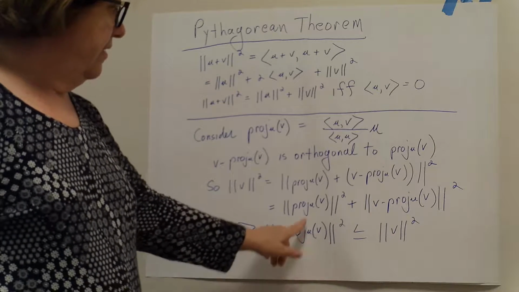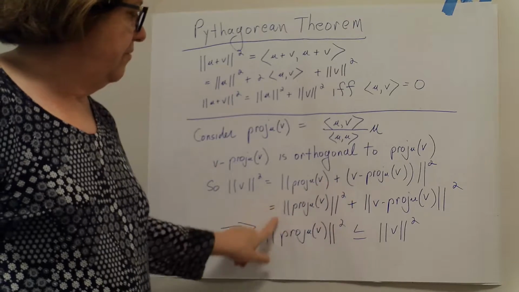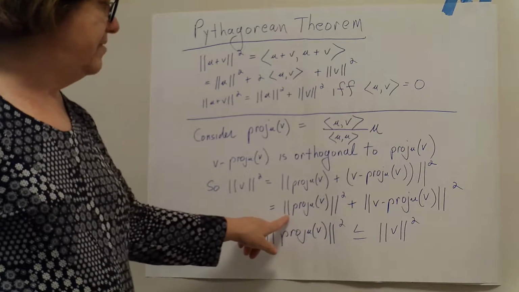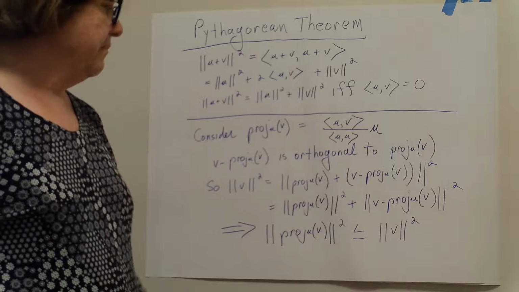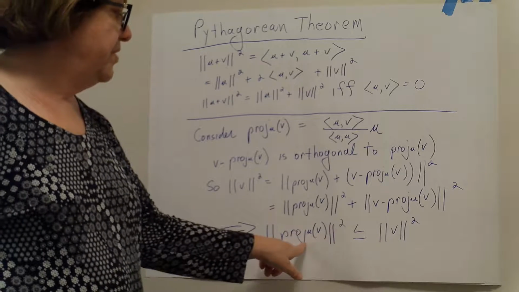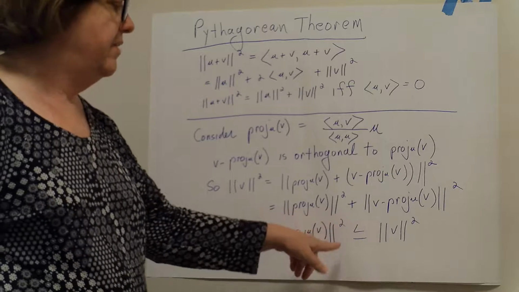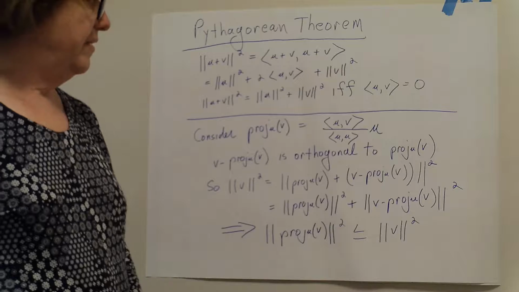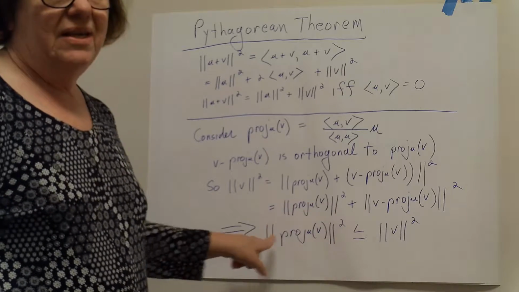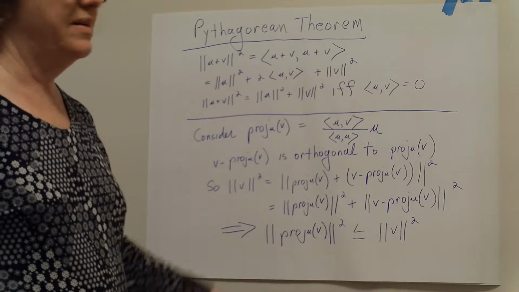Therefore, the norm of the projection of v onto u squared must be less than or equal to the norm of v squared. This you need in the proof that's presented in Lay.